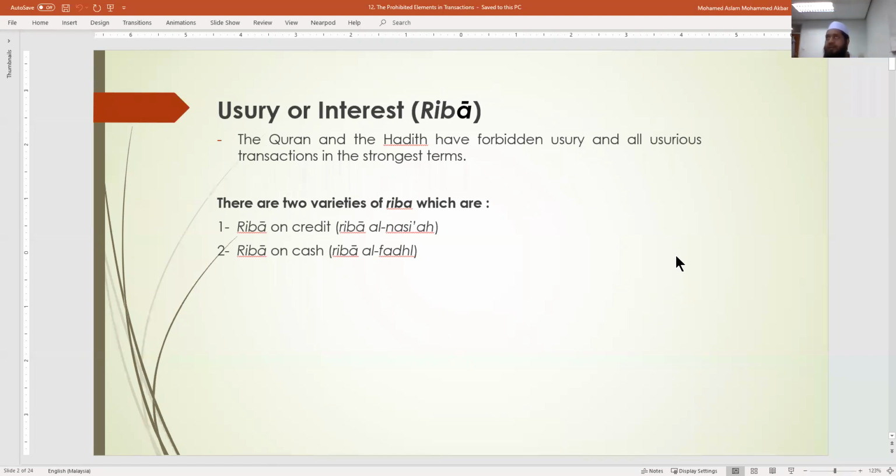The riba is not a simple thing to understand. There are so many dimensions and varieties for you to understand, because riba can take many forms. Especially today, it has thousands of forms.